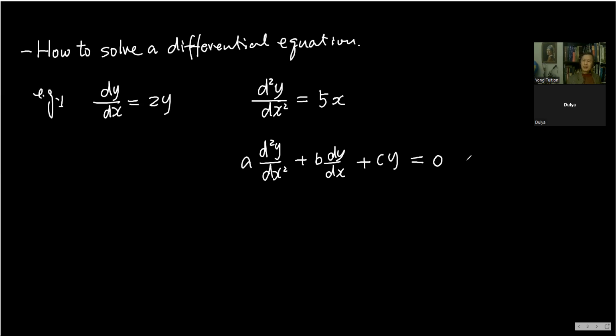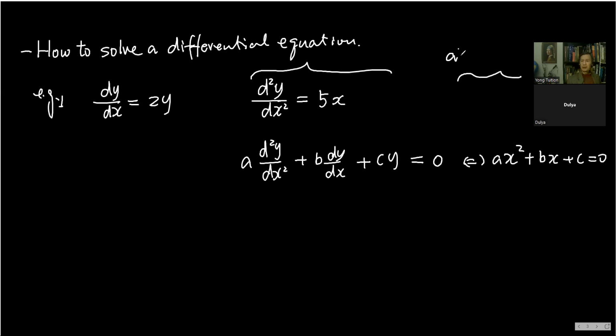So this is similar to our algebraic equation, the quadratic equation. Can you see that? Plus C equal to 0. So this part is called a differential equation, and this part is called an algebraic equation.